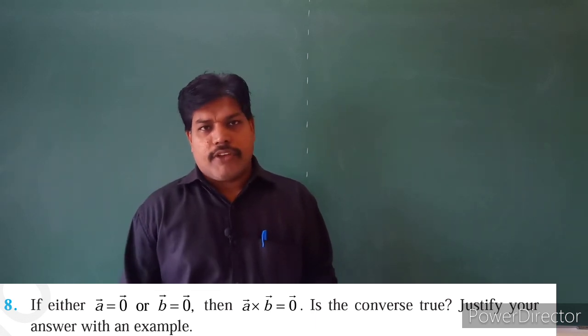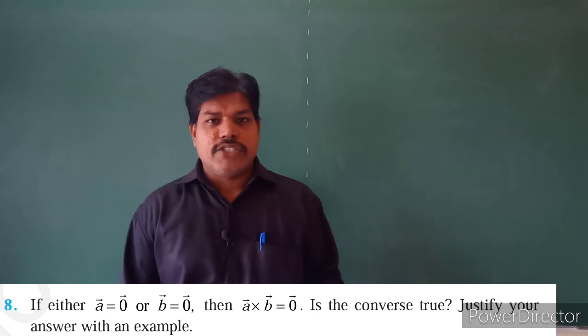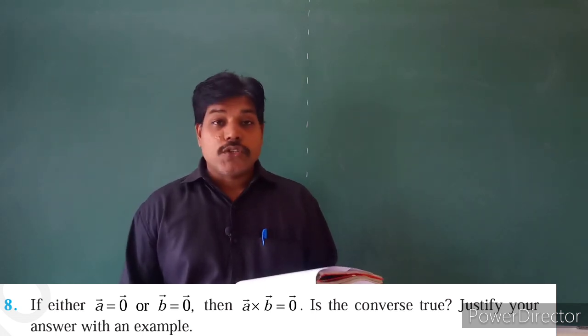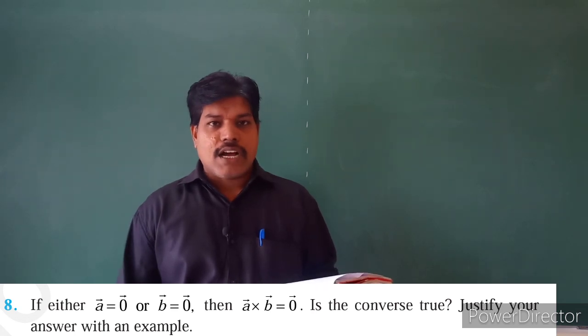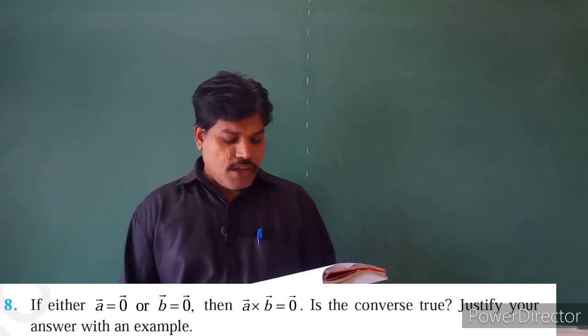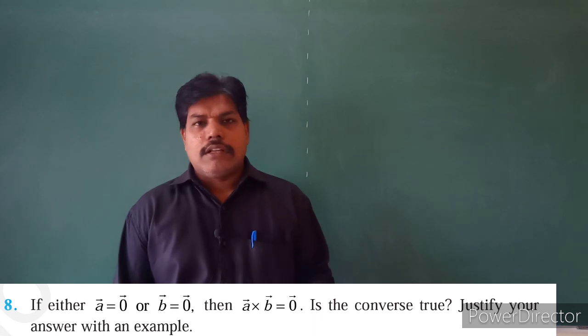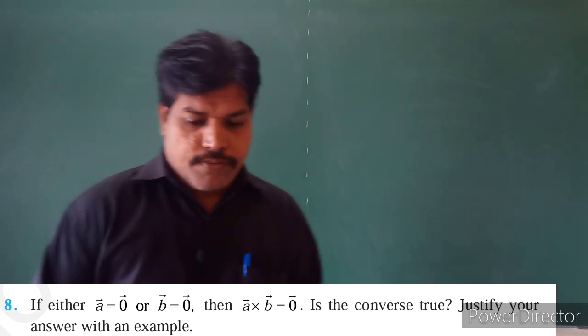We already know that if any one vector is 0, then the cross product is a 0 vector. So in this question, is the converse true? They are asking whether the converse is true. Justify your answer with an example. They are asking for an example for this.